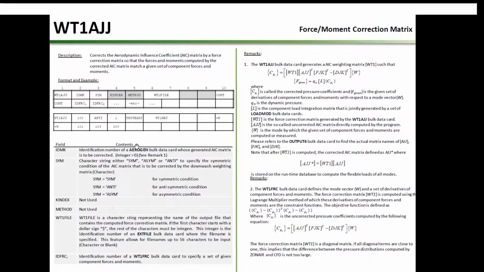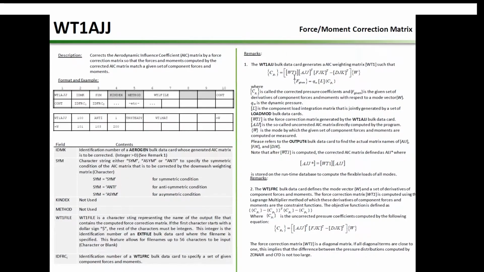The first one is called WT1 AJJ, and it can correct the AIC matrix by a force correction method, so that the force and moment computed by the corrected AIC matrix match a given set of component forces and moments.